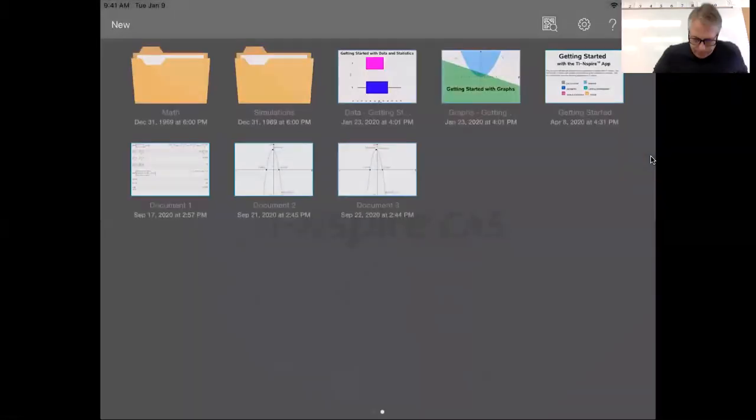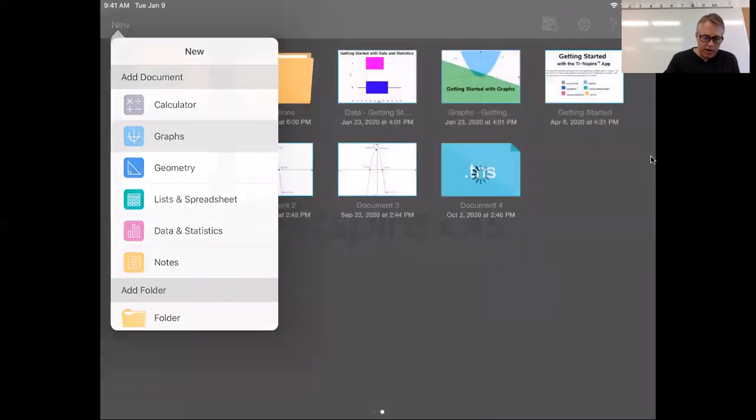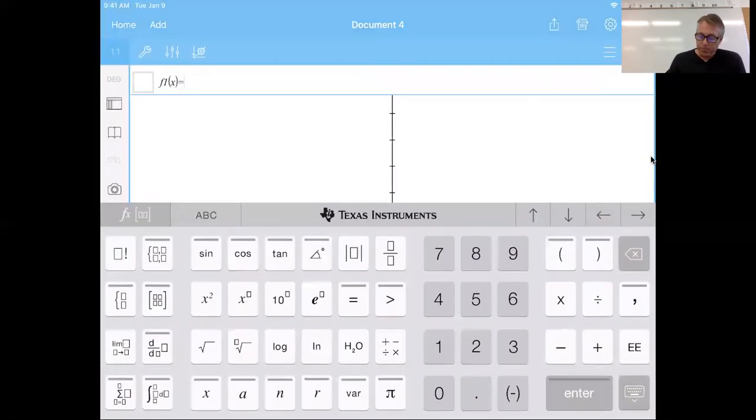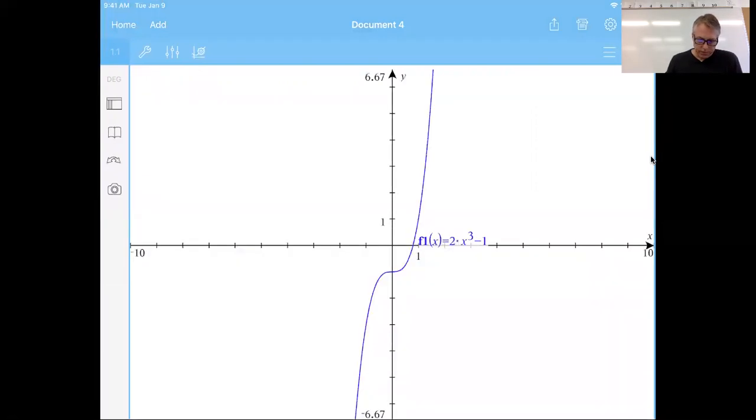So I'll open up my Inspire and I'll go to a new graph. And I'm just typing in the function. So 2x cubed minus 1, that's our first graph.